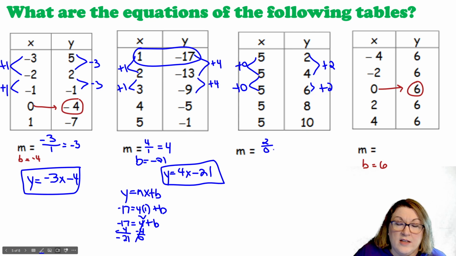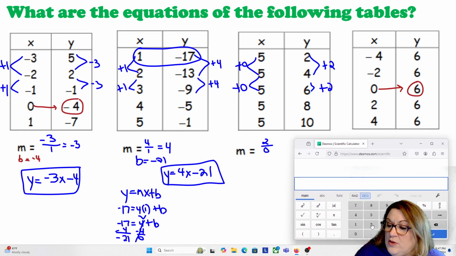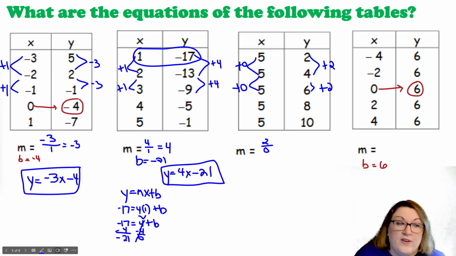You're not able to divide any numbers by 0. You can divide into 0, but you can't divide by 0. If you put 2 divided by 0 in your Desmos, which I'm going to demonstrate for you right now, see how it says undefined? Well, that's because it's undefined. You're not allowed to divide by 0 in mathematics. So because it's an undefined slope, we know that it's a vertical line.